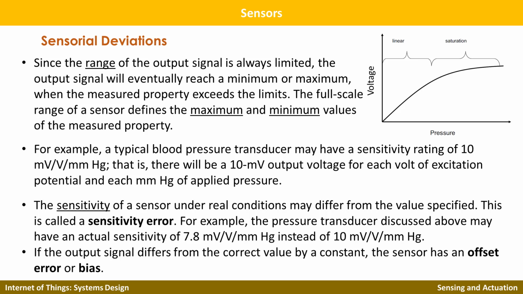If the output signal differs from the correct value by a constant, so it is always a constant, then it is an offset error or a bias. We call it offset because it is always a particular constant. So you can either replace the sensor or use a software layer to add the offset and make it work.